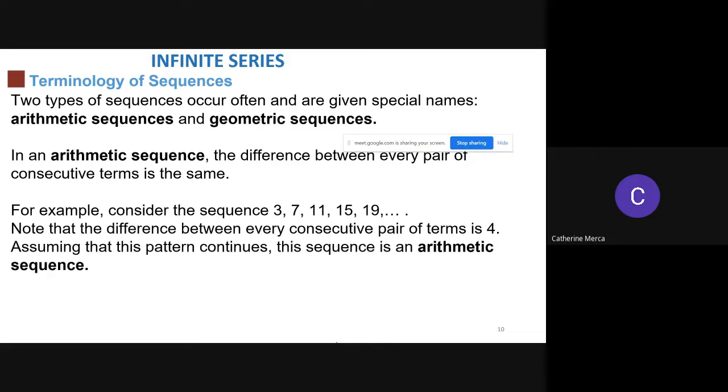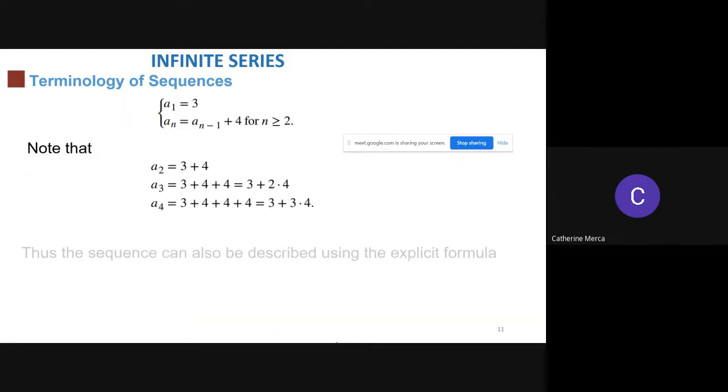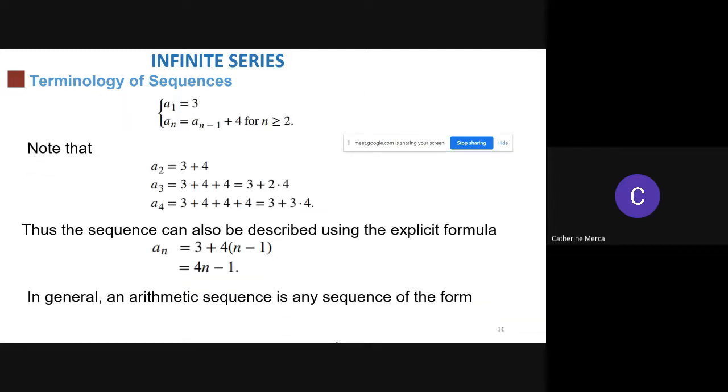So you have a formula there given by the following: a sub n equals a sub 1 plus the quantity n minus 1 times d, where a sub n is the nth term, a sub 1 is the first term, and d is the common difference.